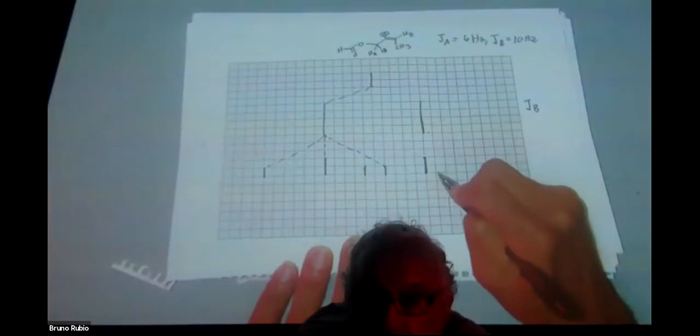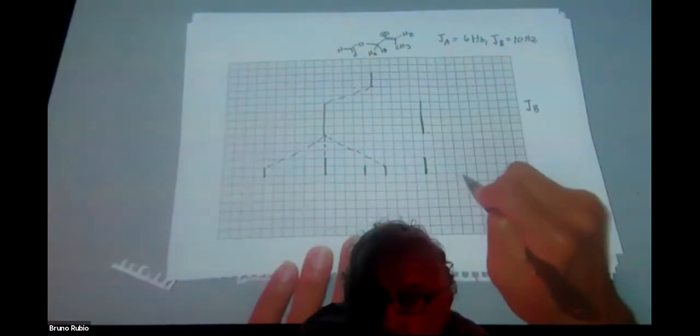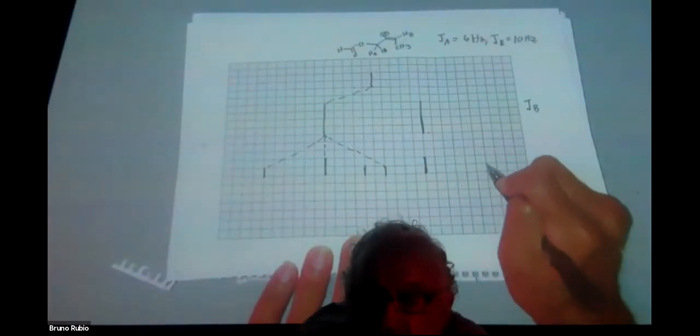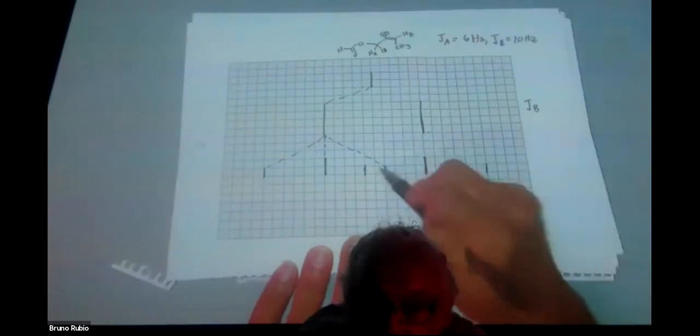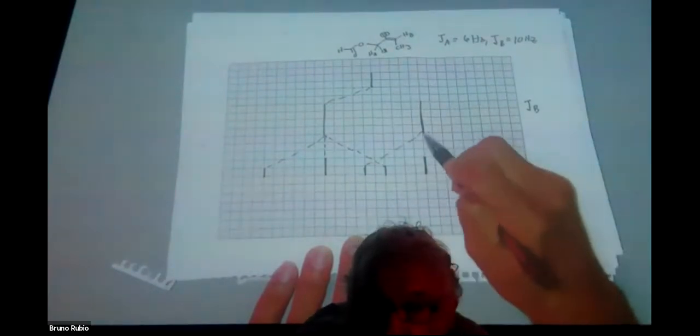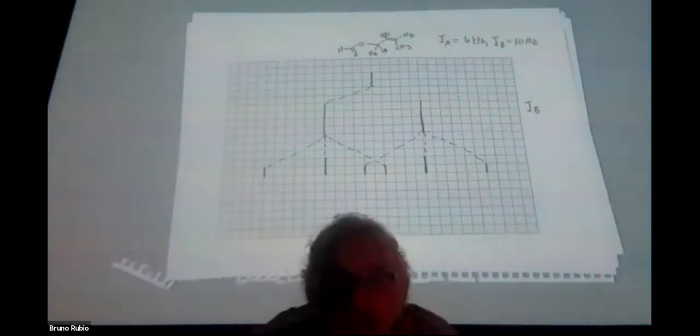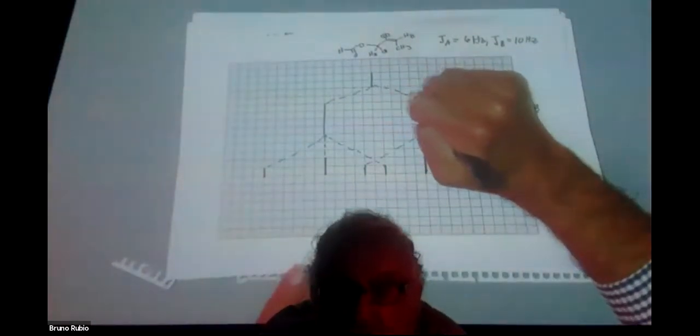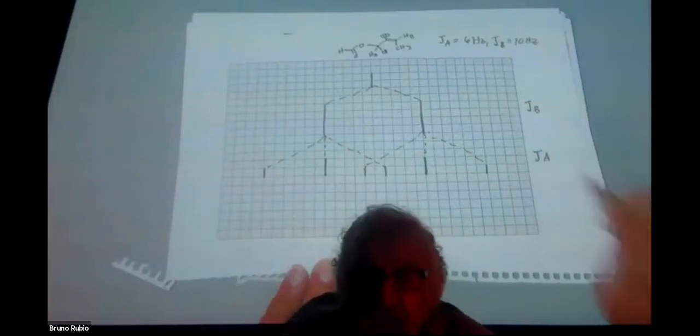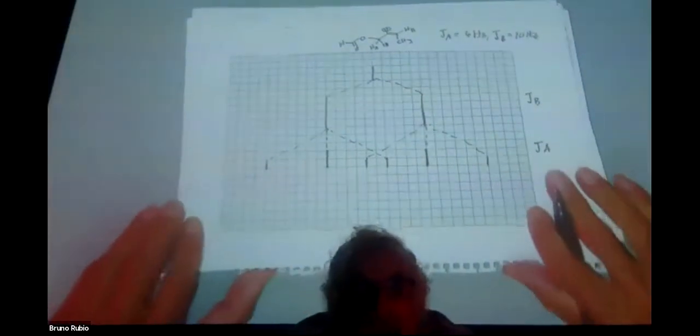Now I'm going to go out 6 to the right. 1, 2, 3, 4, 5, 6. And so here's my splitting from the J. Okay, so I've applied all the splitting.